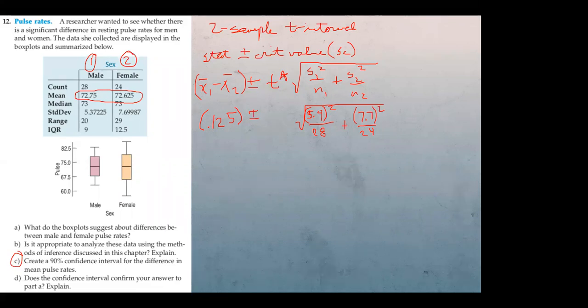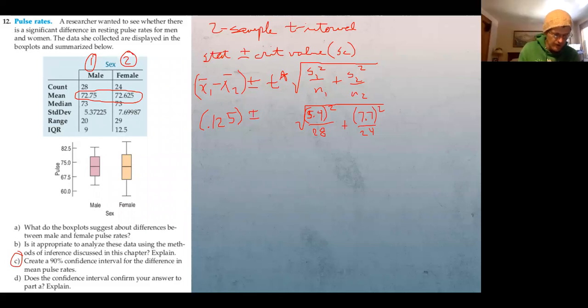There you go. It's always legitimate to do this, but we would pick the smallest sample size and get the degrees of freedom of that. So our smallest is 24. 24 minus 1 gives us degrees of freedom of 23.